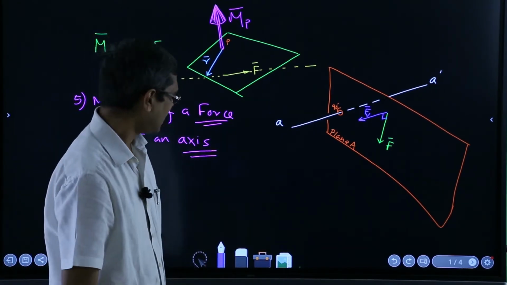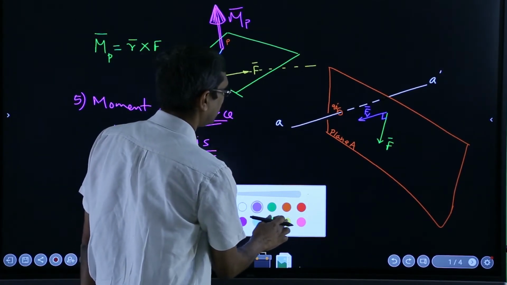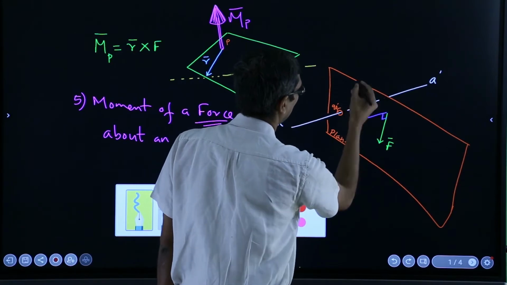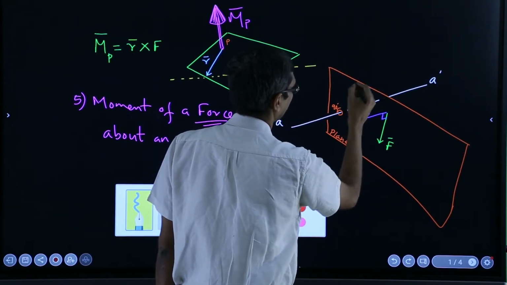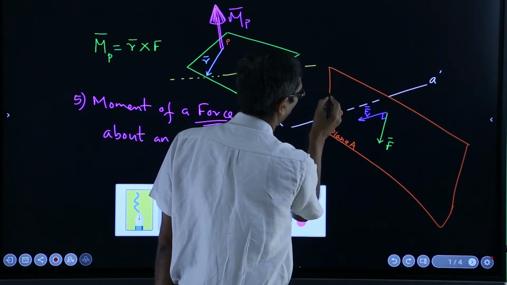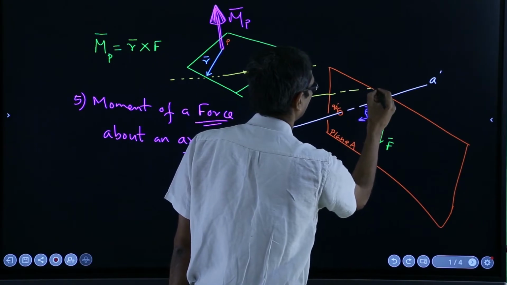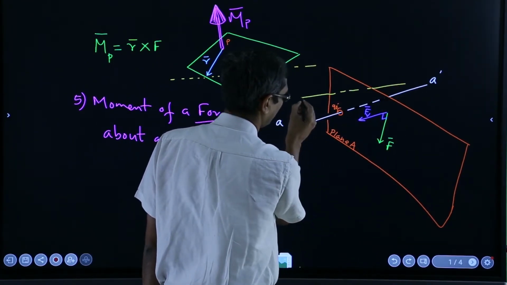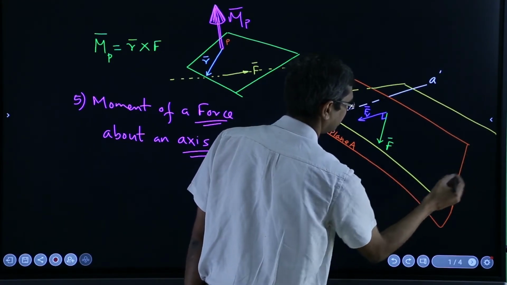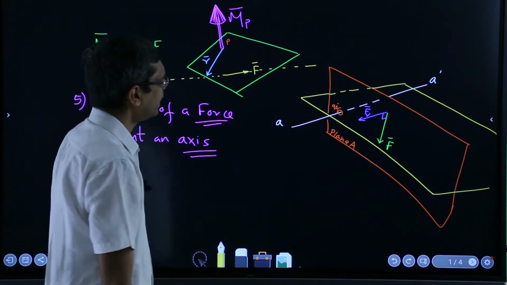Let that plane be denoted by maybe like that.